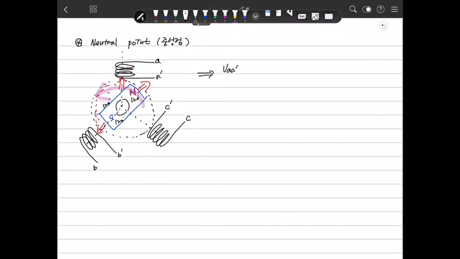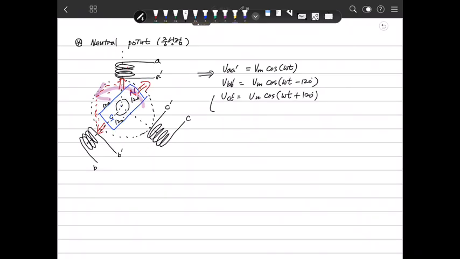VA prime is Vm cosine omega t, VB prime is Vm cosine omega t minus 120, VCC prime is Vm cosine omega t plus 120 degrees.